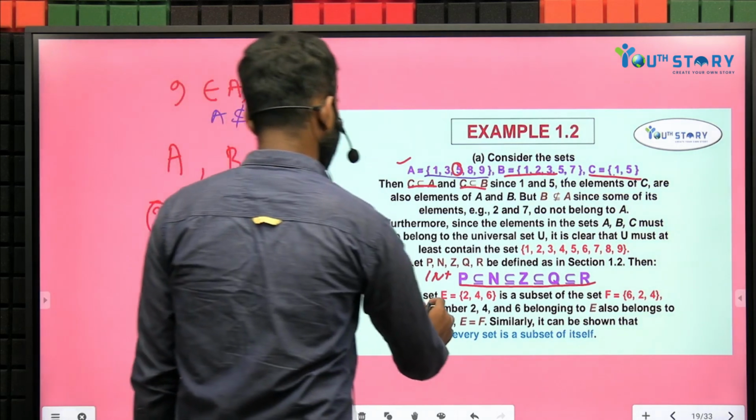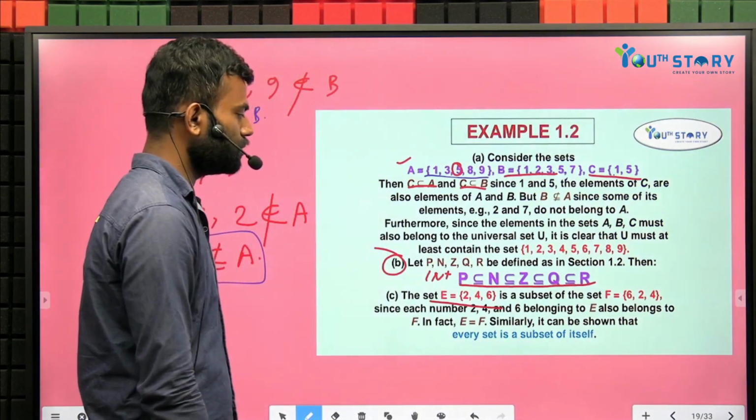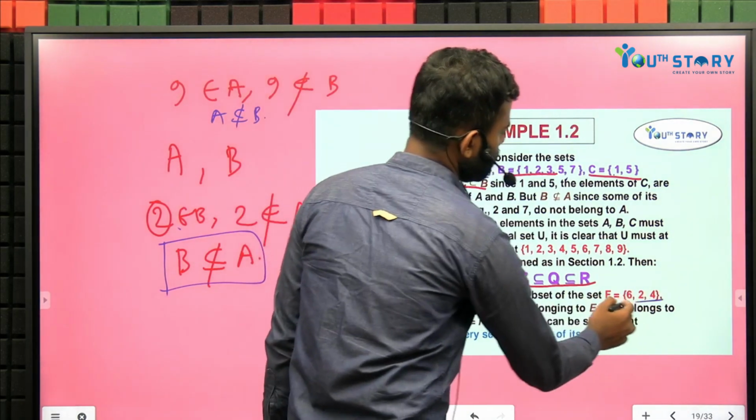Now consider this set E equal to {2, 4, 6} and F equal to {6, 2, 4}.